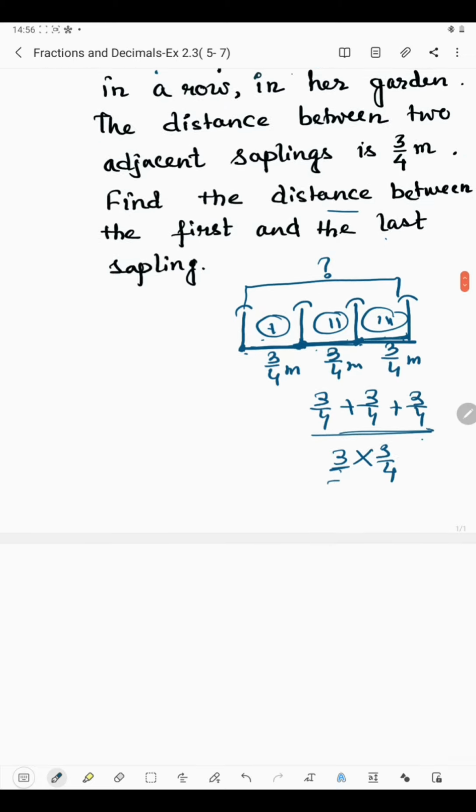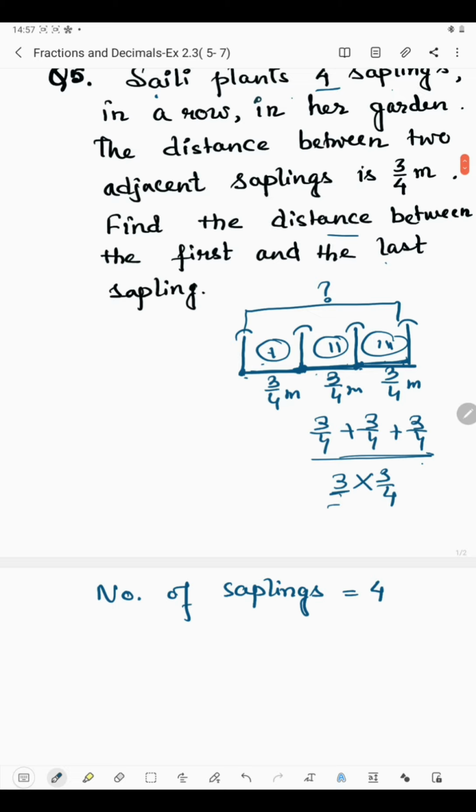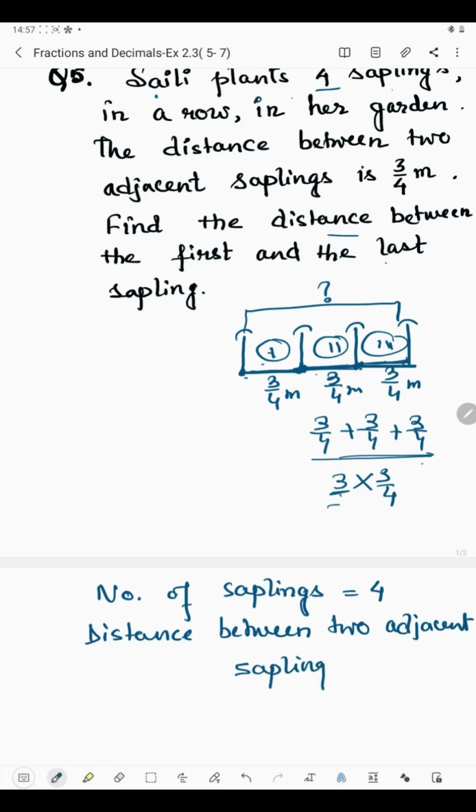Okay, so we will write: number of saplings is 4, distance between two adjacent saplings is 3 by 4 meter.